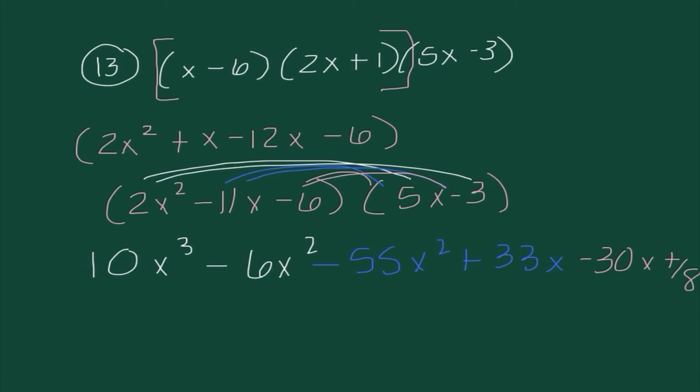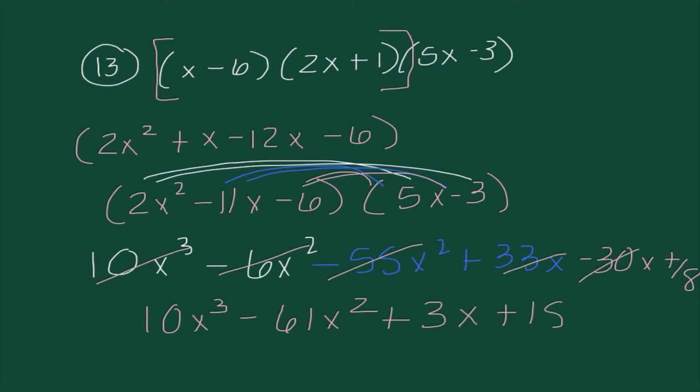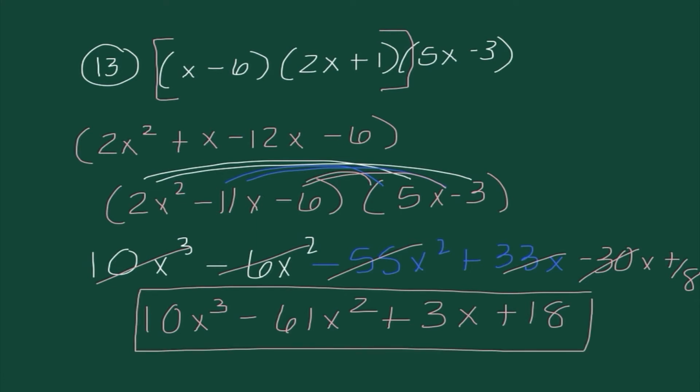So when I combine my like terms, I have 10x cubed minus 61x squared plus 3x plus 18. So a lot of these multiplication problems can take a little time, but it's just important I take my time as I go through them because our actual math itself is not that bad.